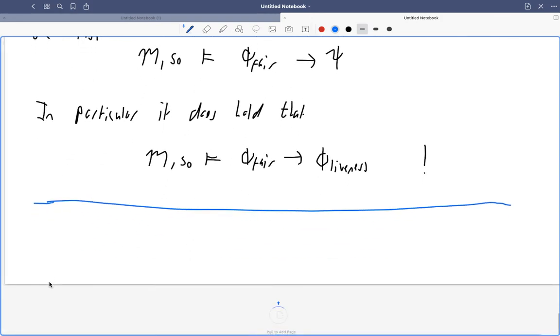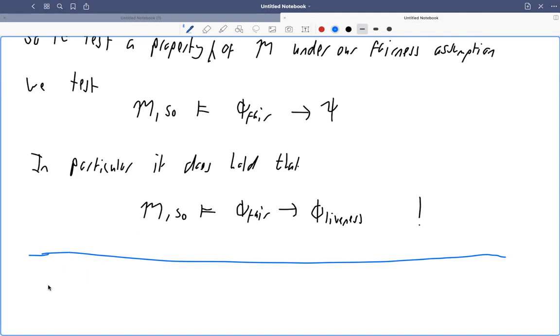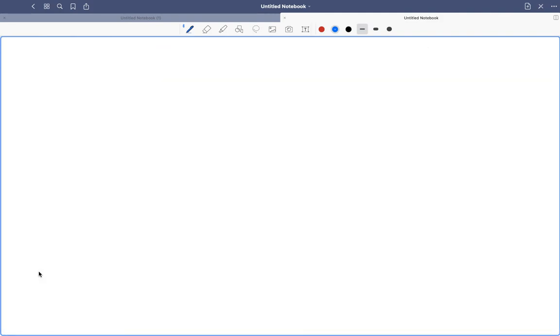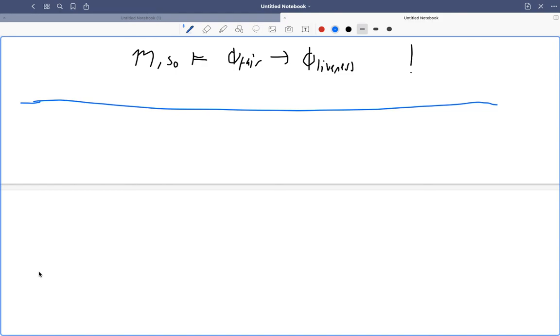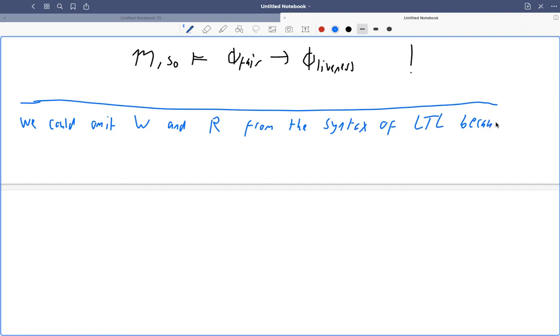We've included the weak until and the release, so we could omit weak until and release from the syntax of LTL, because phi weak until psi is equivalent to phi until psi, or globally phi.